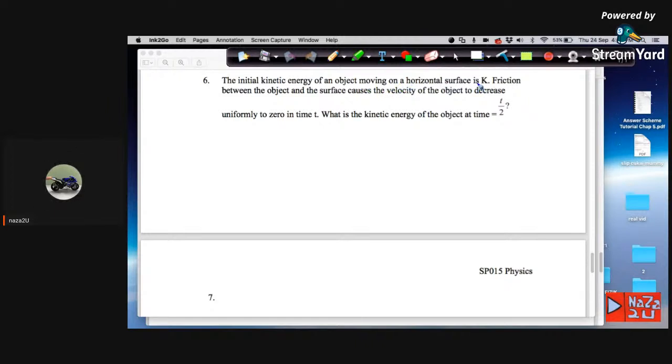Friction between the object and the surface causes the velocity of the object to decrease uniformly to zero in the time t. It means there is a friction force and the object finally stops.